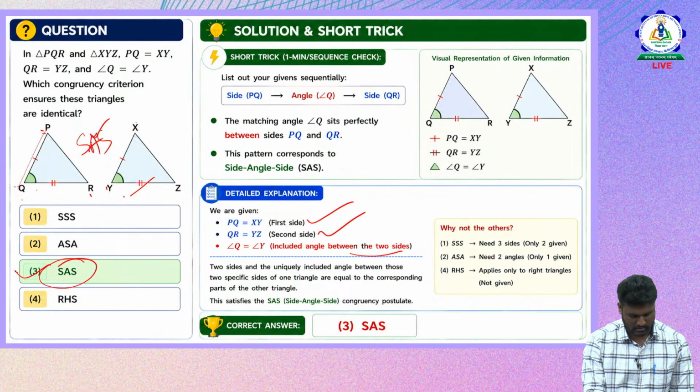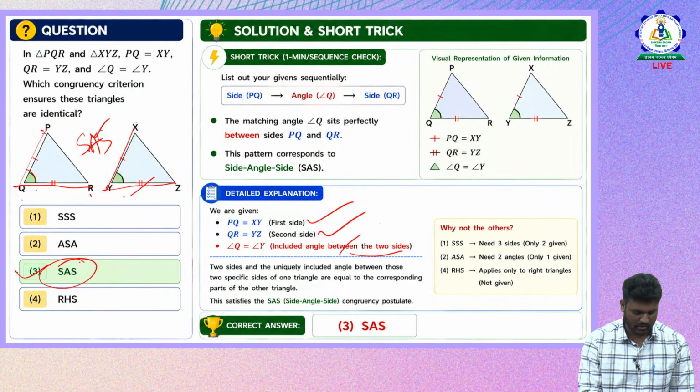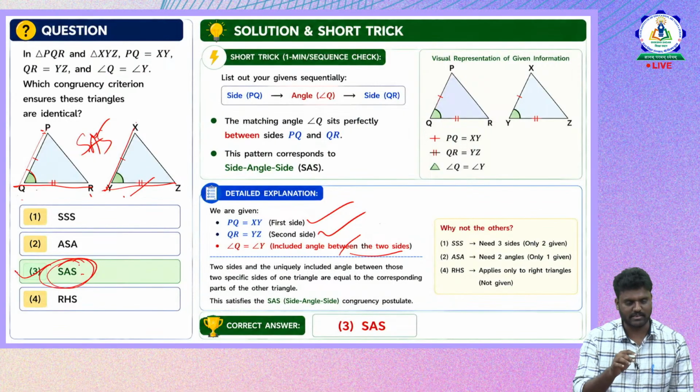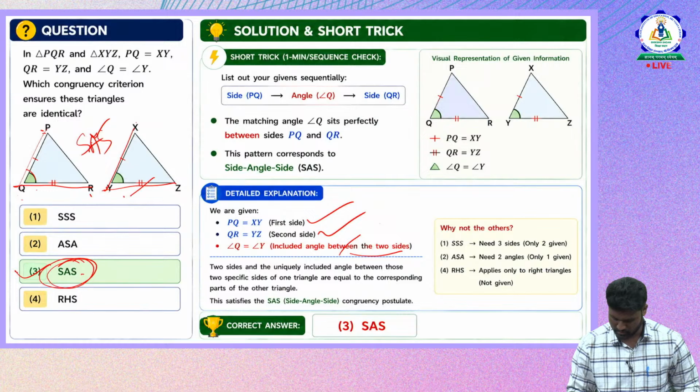These are side 1 and side 2, the corresponding sides, so that angle is similarly equal. Therefore we can say that the given triangles are congruent based on the SAS congruence of triangles.